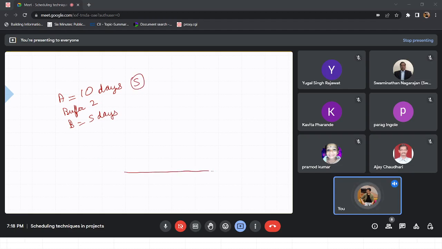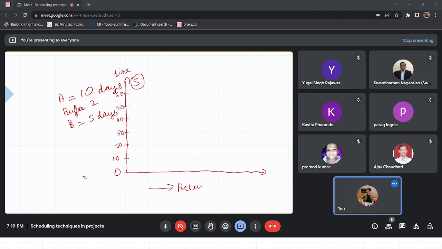I'll start by making a graph kind of thing, where this is the timeline: 0, 10, 20, 30, 40, 50, 60, and on this we will show the activities.